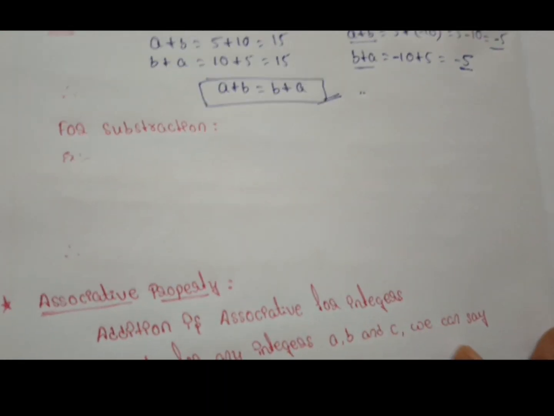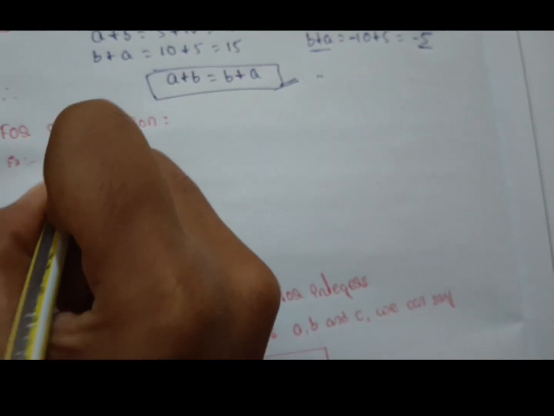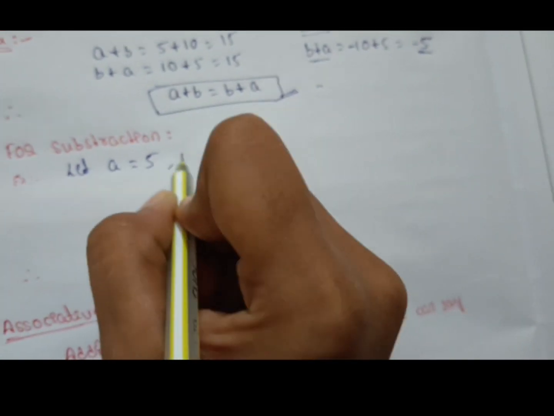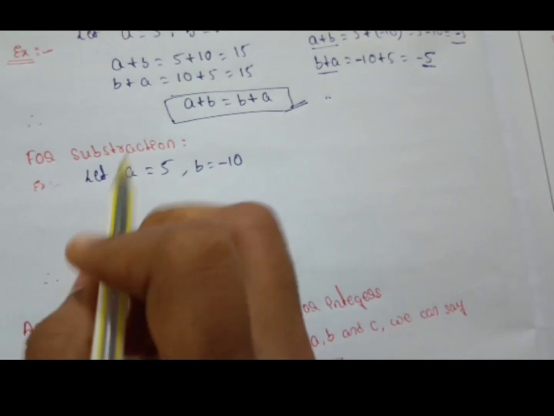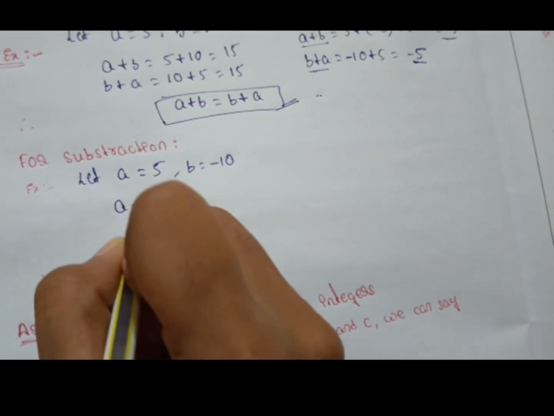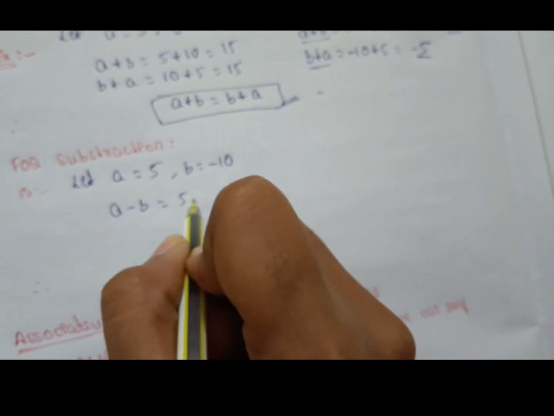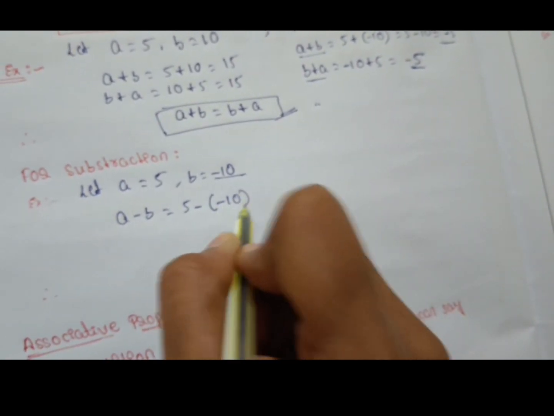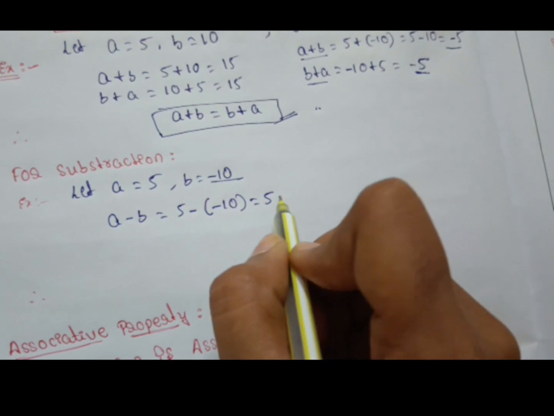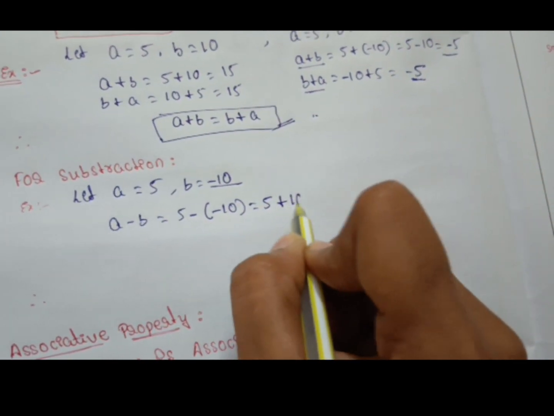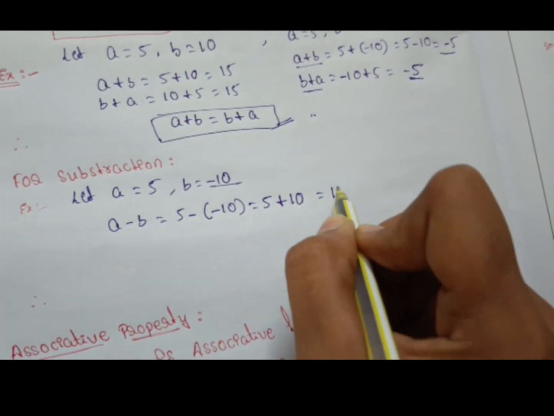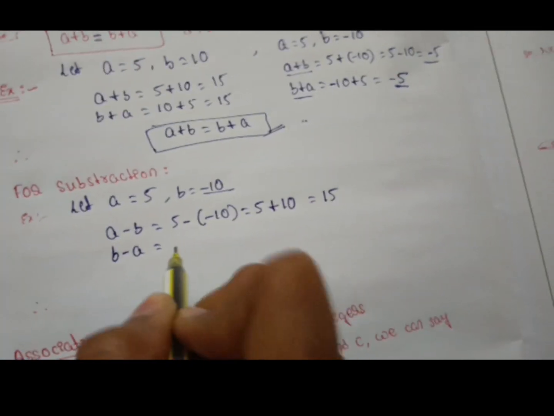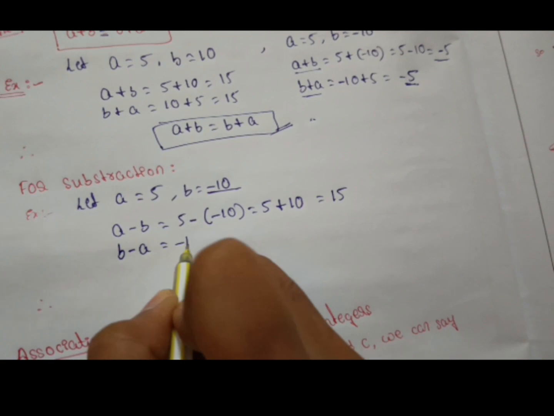Let's check for subtraction. Let a is equal to 5, b is equal to minus 10. A minus b is equal to 5 minus b, means minus minus 10. This is equal to 5 minus into minus plus, 5 plus 10. This is equal to 10 plus 5, 15. B minus a is equal to, what is b? Minus 10.